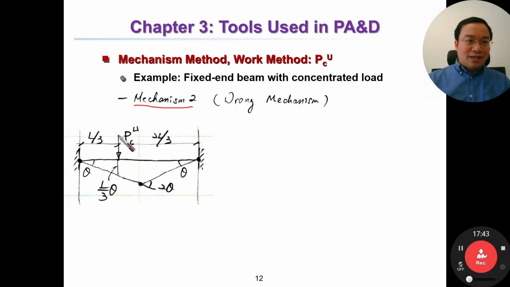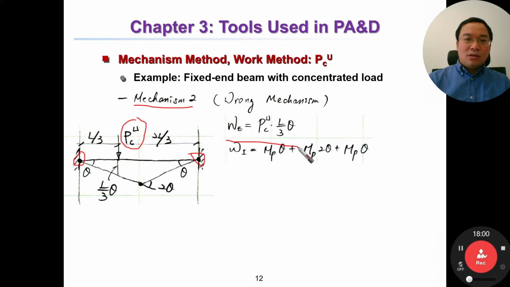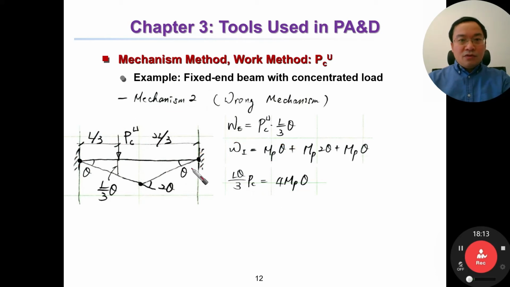We also have a mechanism set and displacement set, and now we develop the external work and internal work. Because external work equals internal work. Okay, can you follow me?